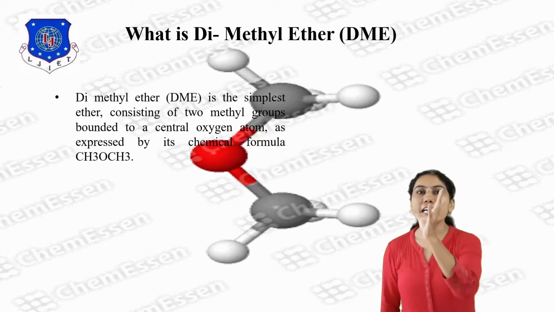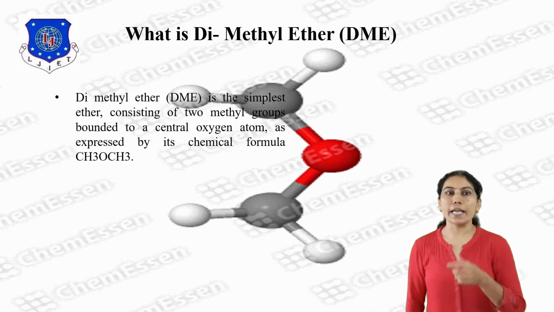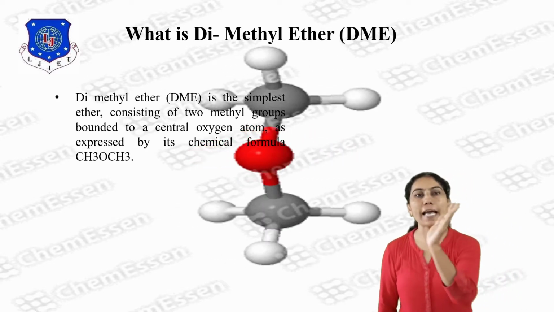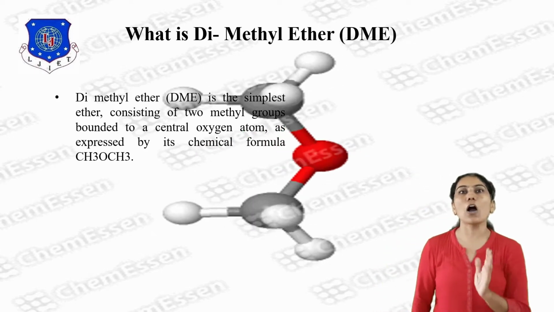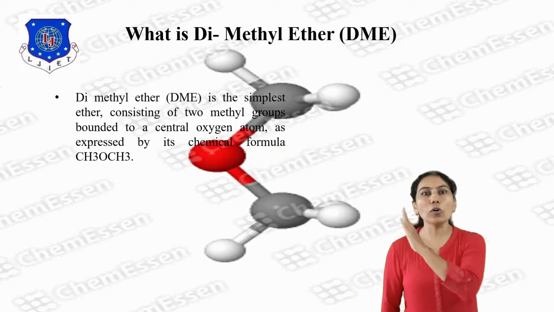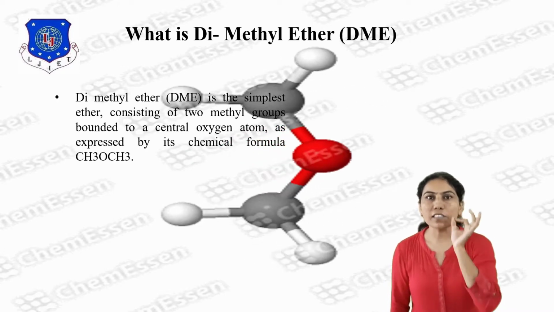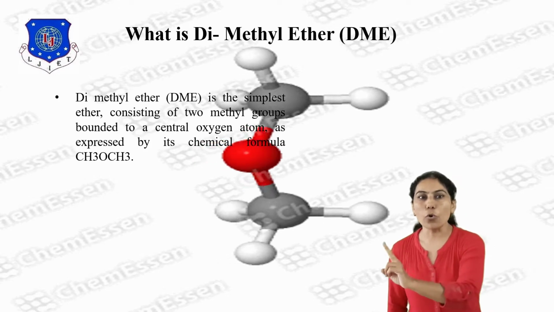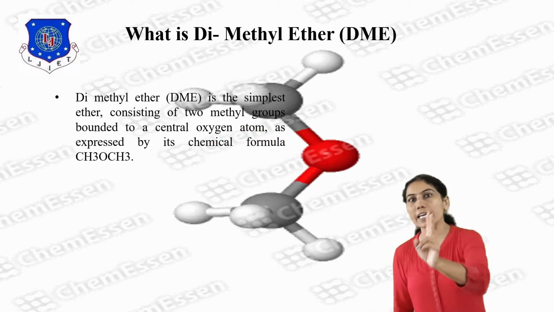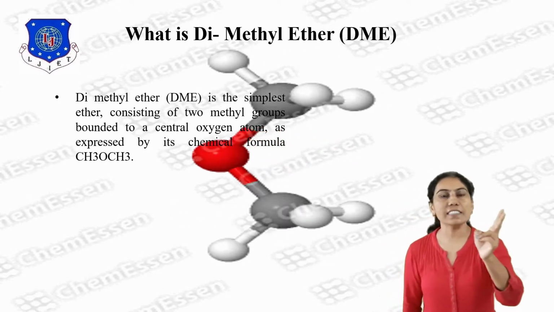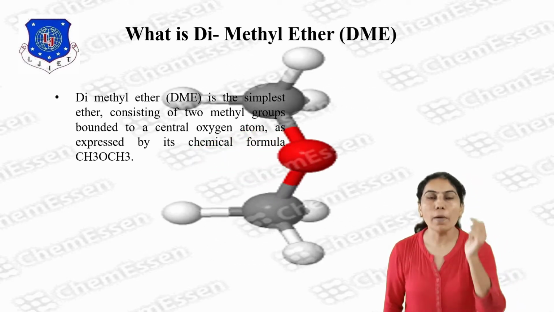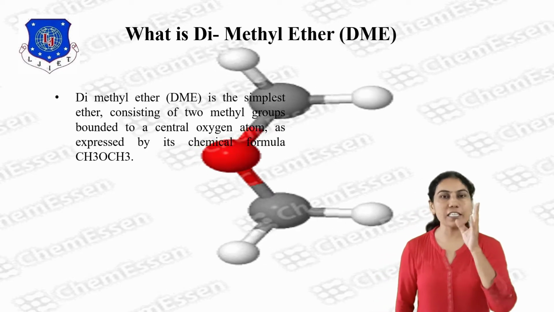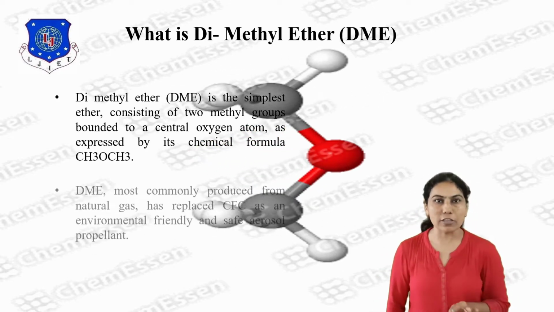Ether consists of 2 methyl groups bonded by a central oxygen atom, as expressed by the chemical formula CH3OCH3. The chemical formula CH3OCH3 is known as dimethyl ether.